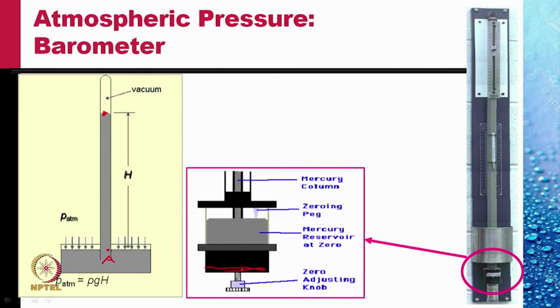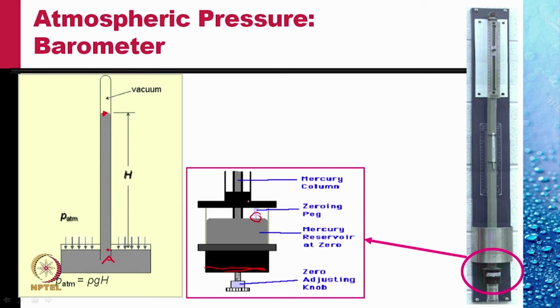There is a zero adjusting screw, which we turn to keep the level of mercury in the cup just touching the zeroing peg here. This establishes the zero of the scale, because the tube that goes up carries a scale. The zero of the scale coincides with the tip of this peg.